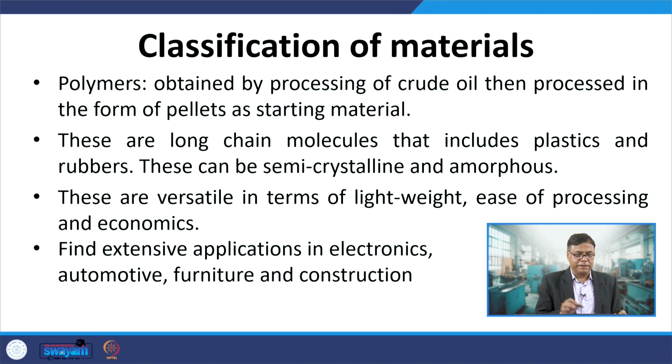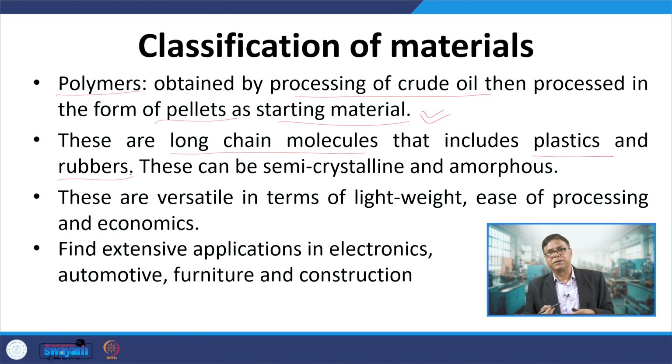Then polymers. The polymeric materials are obtained by processing of crude oil, then processed in the form of pellets as a starting material. These pellets are used for making the polymeric products using various processing routes. Polymers are basically long chain molecules that include plastics and rubber, which are used for making a variety of products.